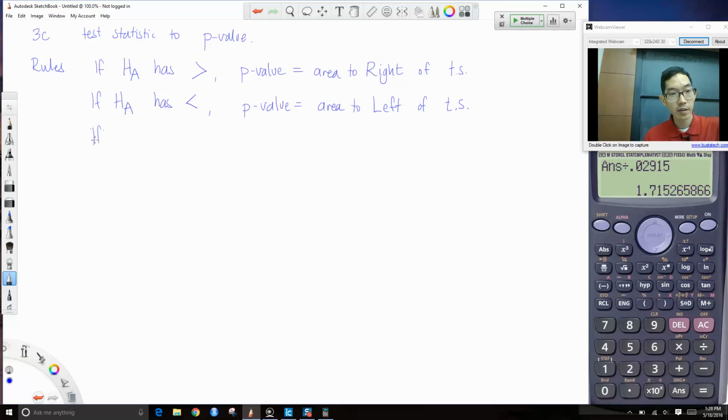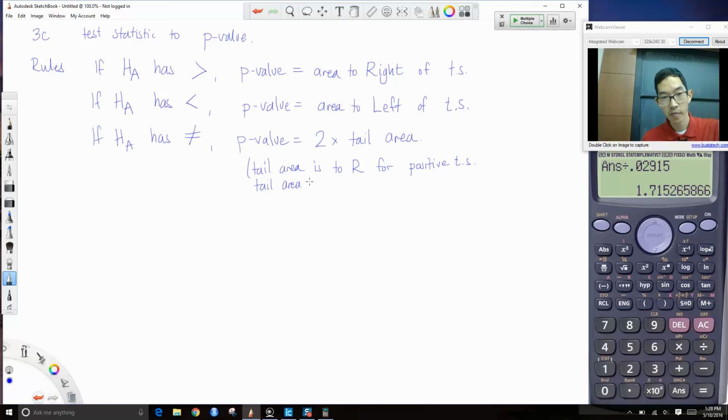And if the alternative has a not equal sign, then the p-value is equal to 2 times the tail area, okay? Where the tail area is to the right for positive test statistics, and the tail area is to the left for negative test statistics, okay?